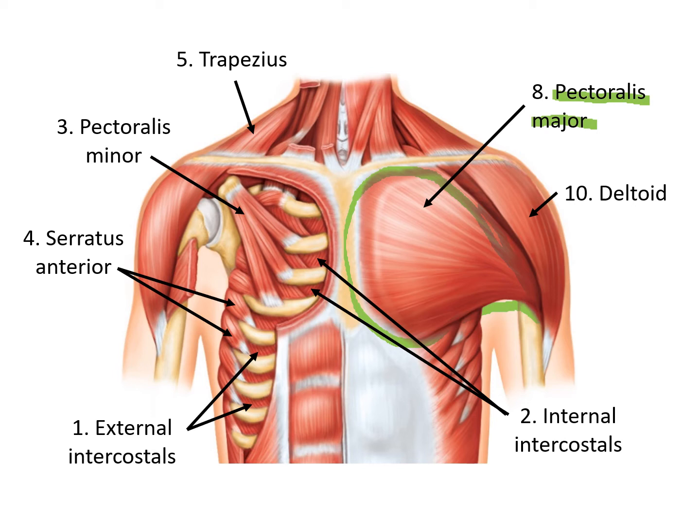And if you look over here, you can see that its insertion is on the humerus. So the pectoralis major is going to pull the arm forward. So flex the shoulder, or it can adduct it if you have your arms out to the side.